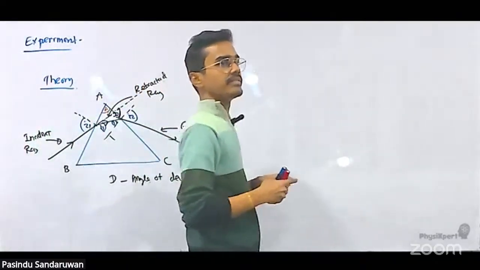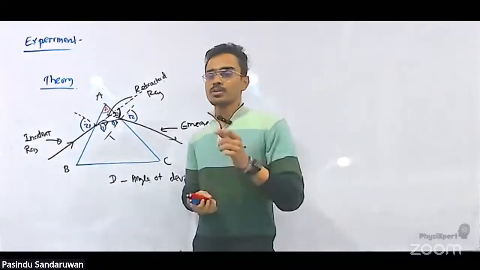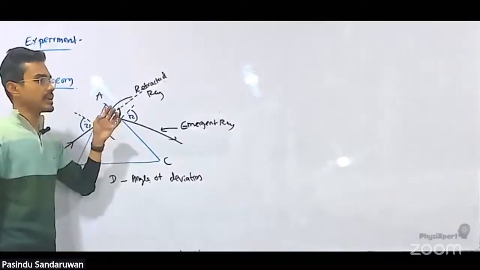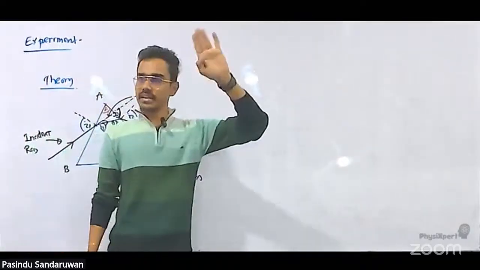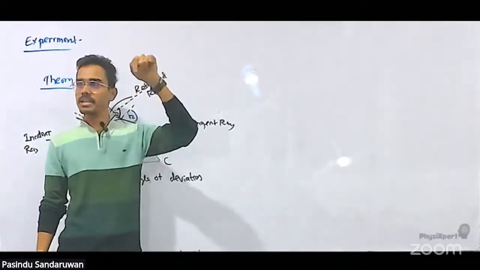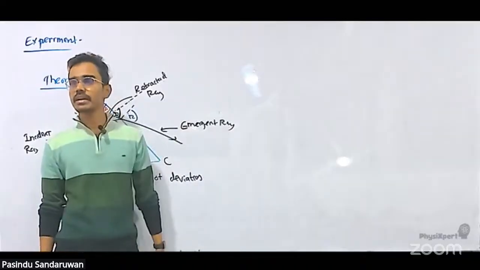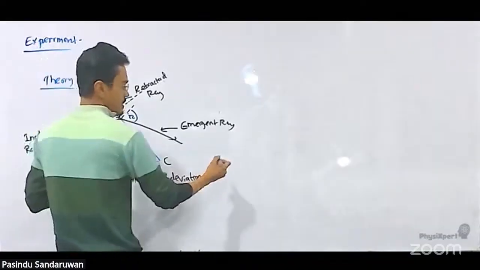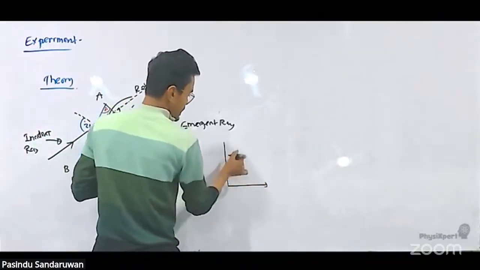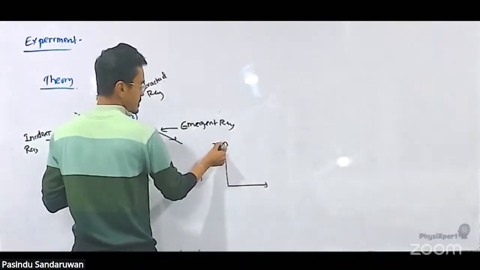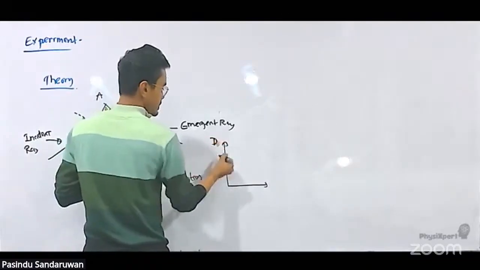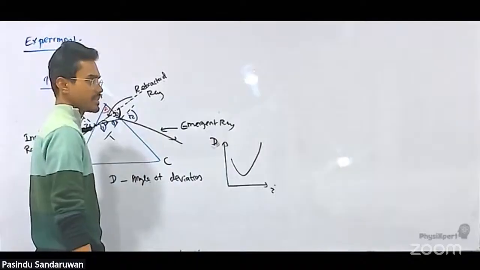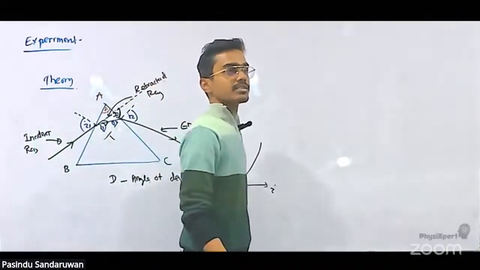The reason to have a minimum deviation is that when we increase the angle of incidence, the angle of deviation first decreases, reaches a minimum value, and then increases. This experiment is to verify this variation with a graph.